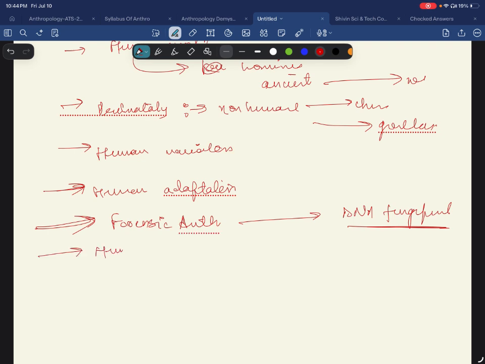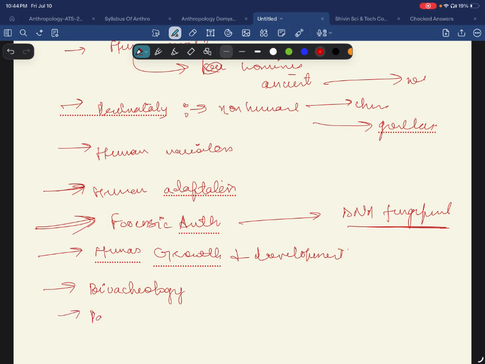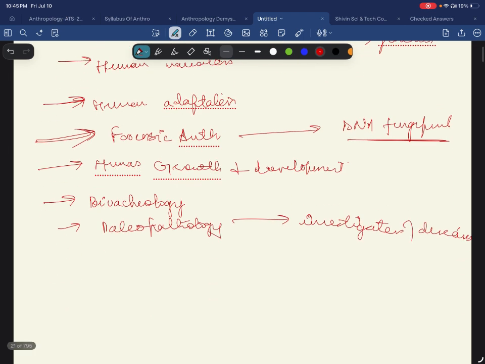Then we study human growth and development. Growth and development includes our cell cycles and so on, okay. Then, as we studied earlier, bioarchaeology, paleopathology, that is, we talk about the investigation of diseases. Okay, then there are some practical applications of biological anthropology, like in medicine and public health.